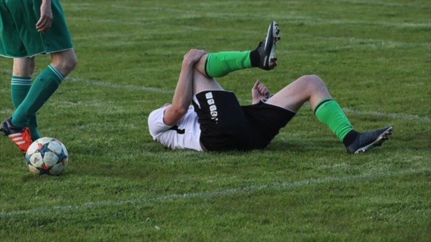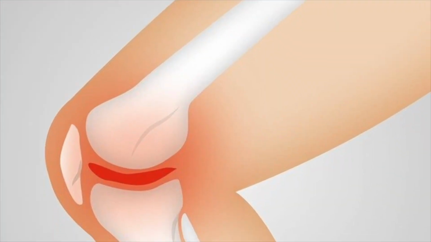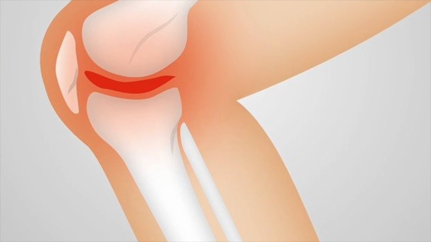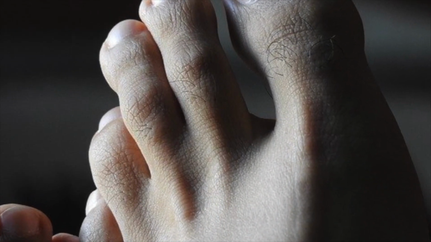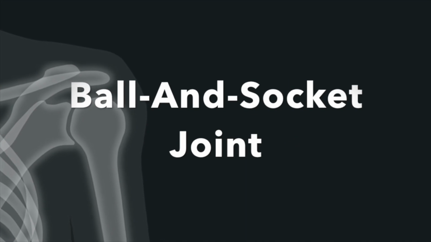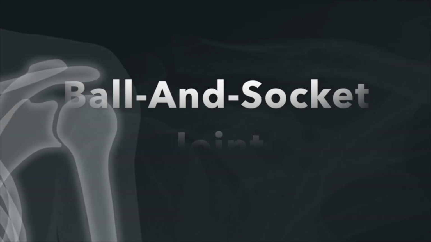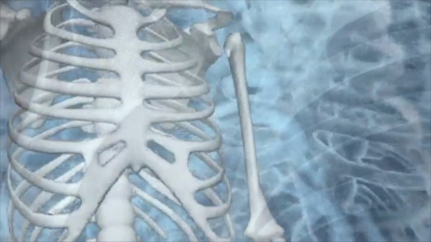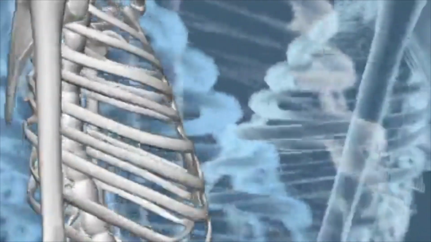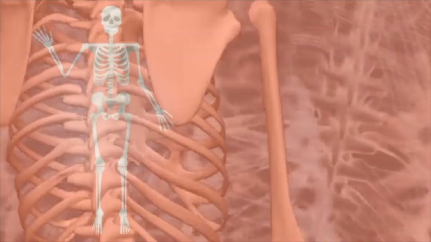In a hinge joint, bones hinge at a central point, sort of like a hinge on a door, like the knee, elbow, fingers, and toes. And finally, in a ball and socket joint, the bone is in a socket, so it can rotate in a circle, like your shoulders and hips.